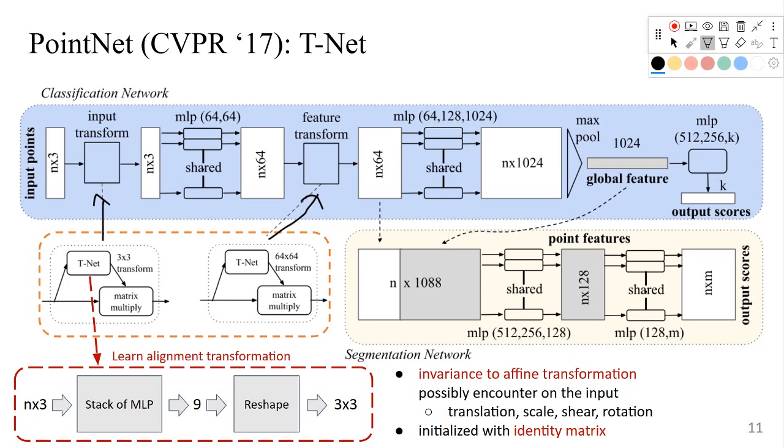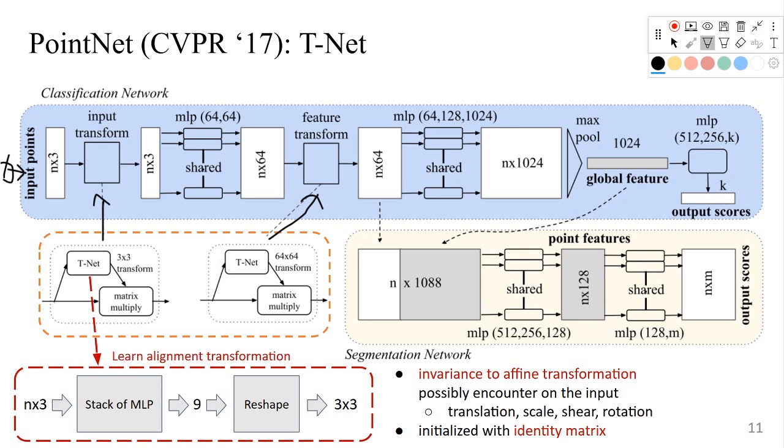Different rotations. The chair can be aligned in portrait or slightly rotated by any degree. And also an object can be translated to the right or to the left or in any direction. We have these possible transformations, affine transformations, like translation, scale, shear, and also rotations.